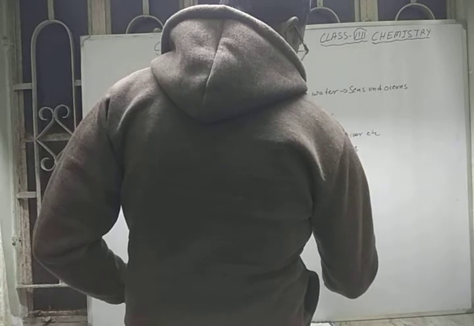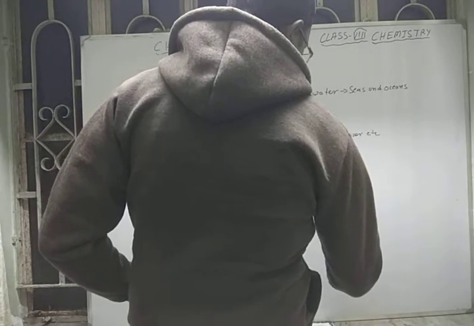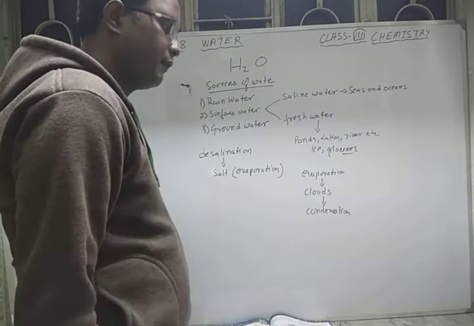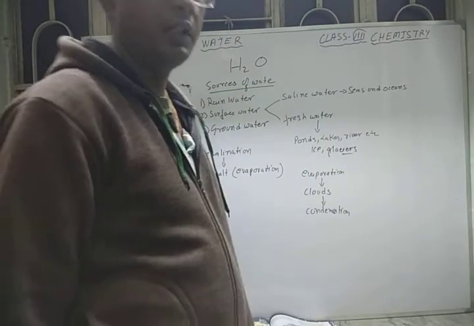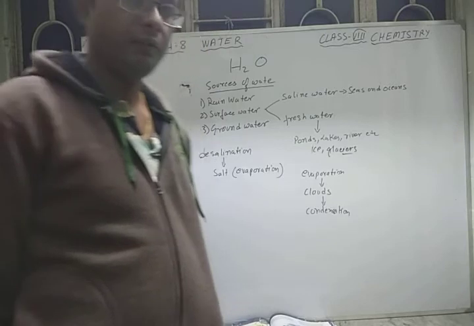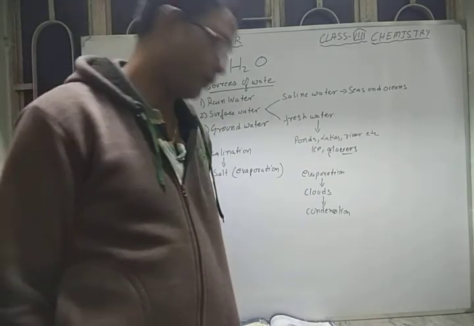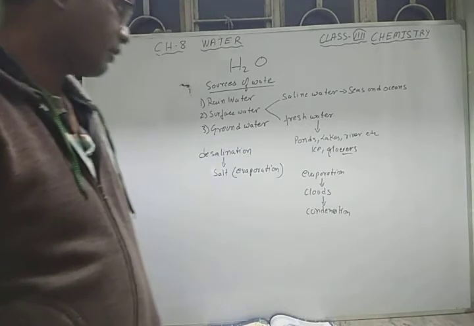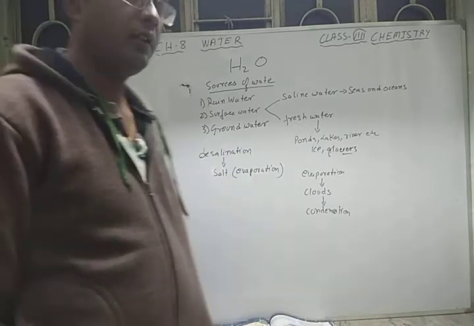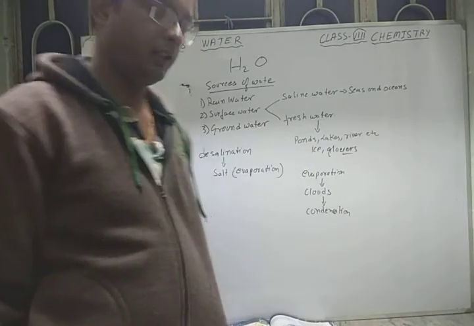When these clouds become heavy, condensation occurs, and the water that falls from the cloud we call rainfall. So rainfall is very important. All sources of water get their water from rainwater only.